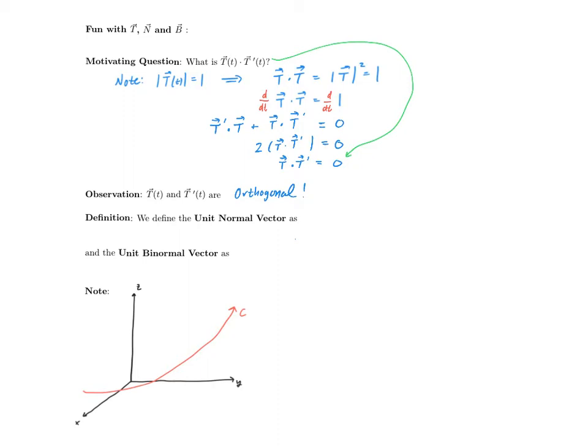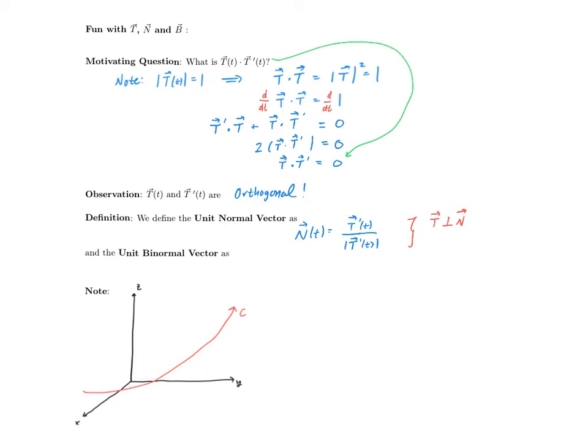We define the unit normal vector N to be the vector T prime divided by its magnitude. Note that this is defined in such a way, from our above work, that T is perpendicular to N, and they both have unit length.